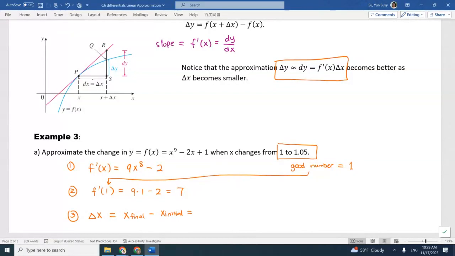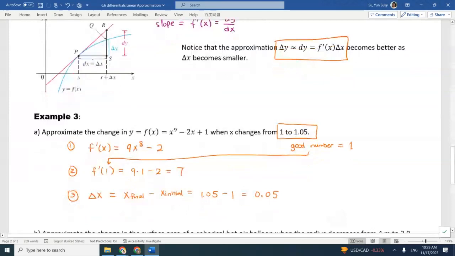What is the final value of x? Blaine? Yeah, and what is the initial value of x? 1. So what do we get? Yeah, 0.05. Yes, that's change of x.